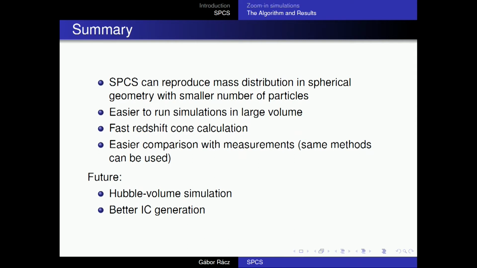So we have basically the same geometry. The sky is spherical and our simulation is also, so we don't have to convert periodic simulations into a spherical thing. And in the future we're planning a full Hubble volume simulation and to write a better initial condition generation code. So thank you.